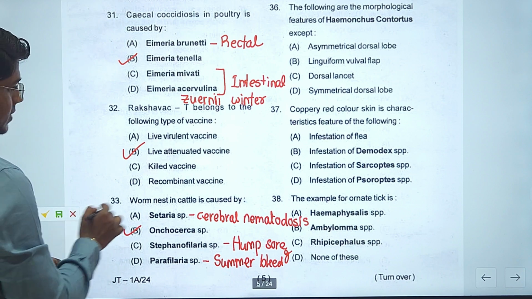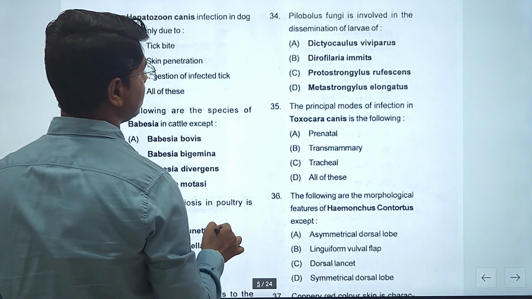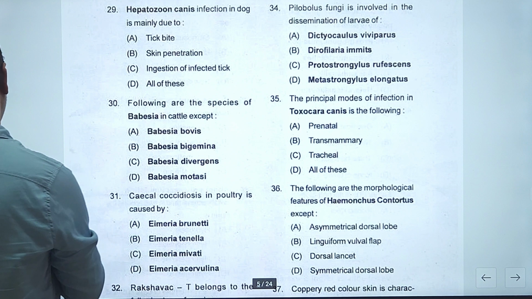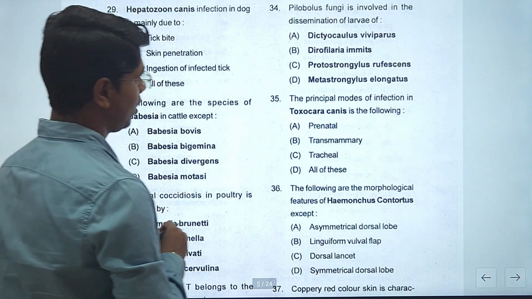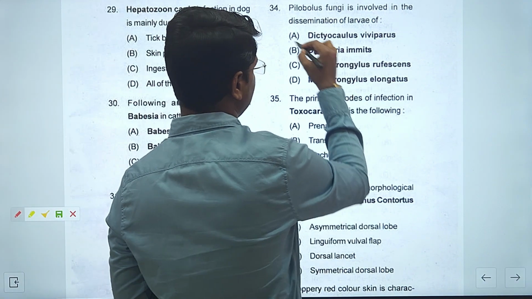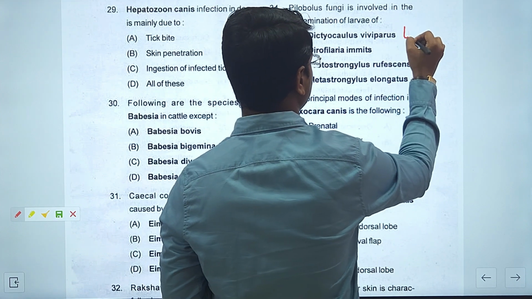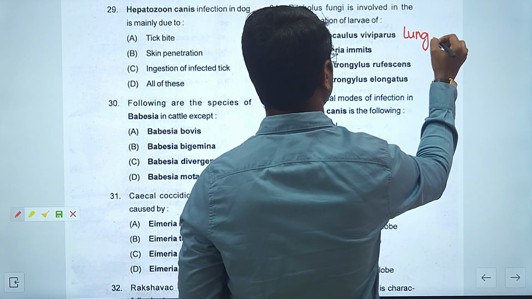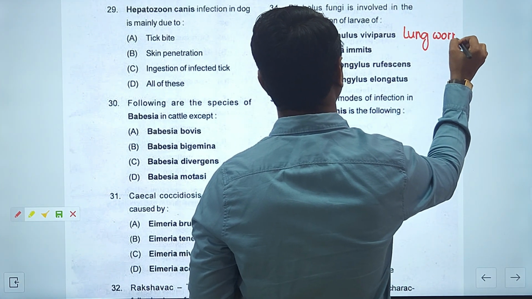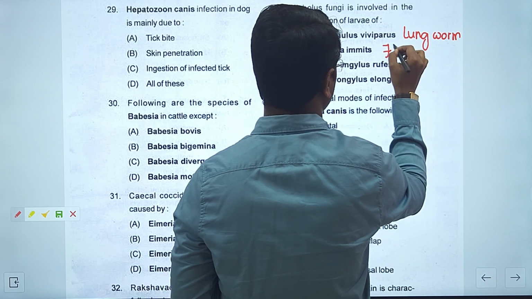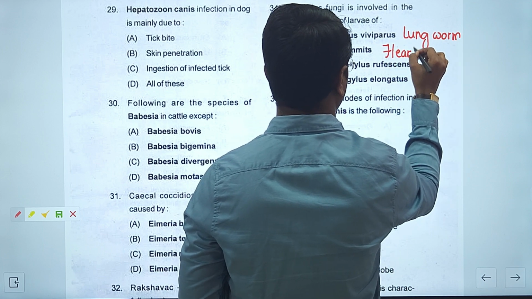Next question, number 34. Pilobolus fungi is involved in the dissemination of larvae of Dictyocaulus viviparus, lungworm of cattle. Dirofilaria immitis is heartworm.